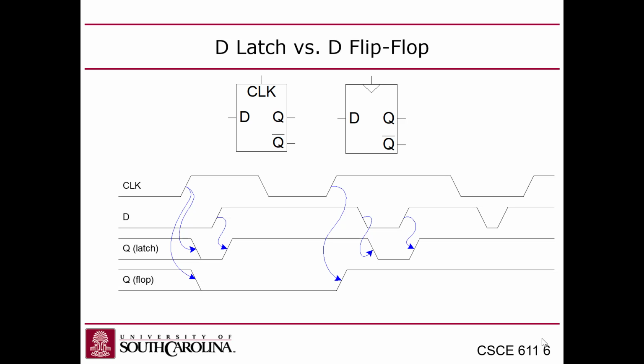Whenever the clock goes from low to high, whenever there's a rising edge or positive edge, then the value of D at that moment in time is captured and stored inside the flip-flop and kept there until the next rising edge. Okay.